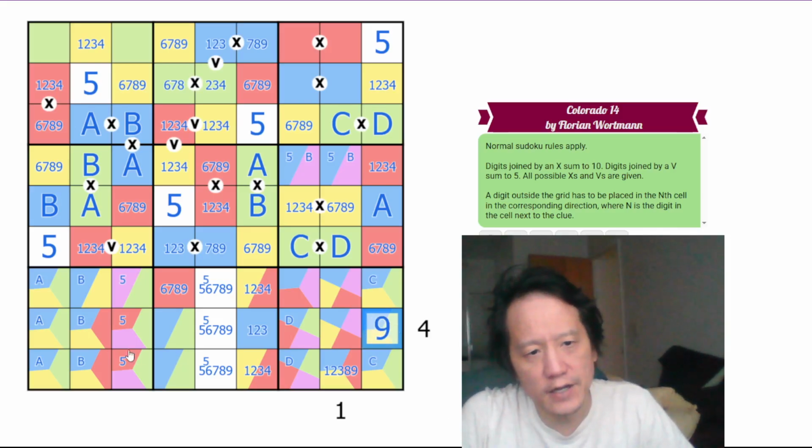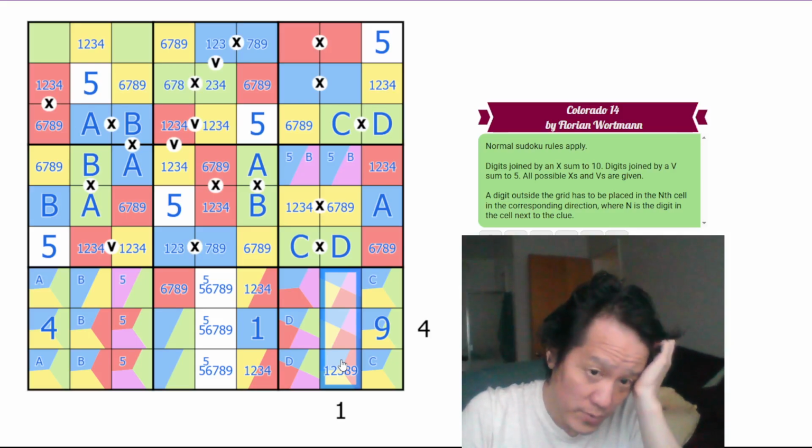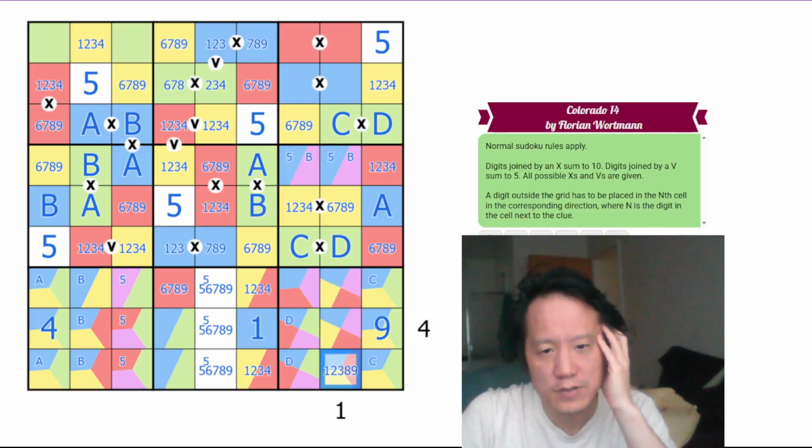If it's 9, obviously this is 4. It has to be the green, which means the blue is 1. So this still could be 1, 2, or 3. Or it could be 8, obviously.